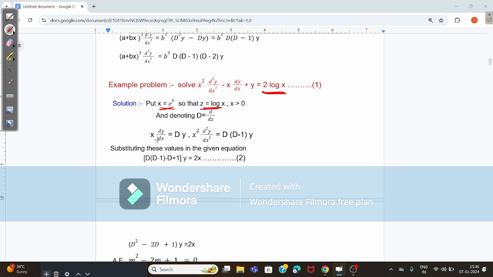So in the place of x dy/dx gives the value Dy, x^2 d^2y/dx^2 = D(D-1)y. Okay, substituting these two values in this equation gives [D(D-1) - D + 1]y = 2z, sorry, 2 log x, that is 2z.